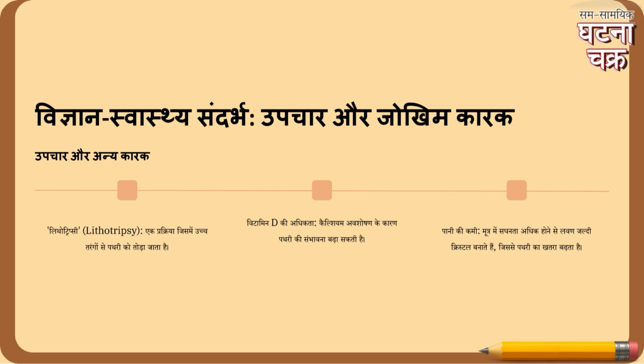Exactly. So understanding these different types and their unique causes really feels like the essential first step towards safeguarding your health from this. Absolutely. And if we connect this to the bigger picture, it just highlights how seemingly simple daily choices can have such a profound impact. Like just drinking enough water. Precisely. Things like consistent hydration, making thoughtful dietary choices.